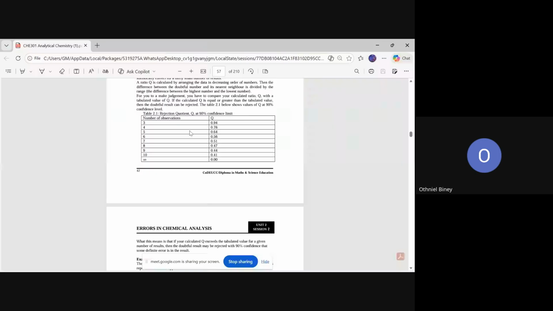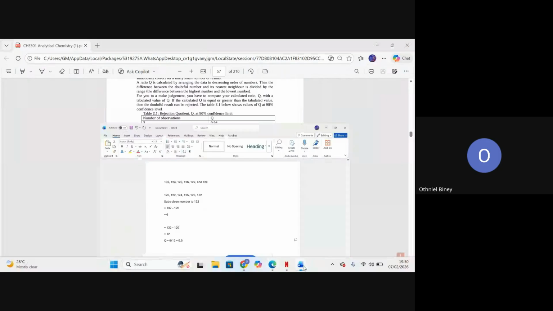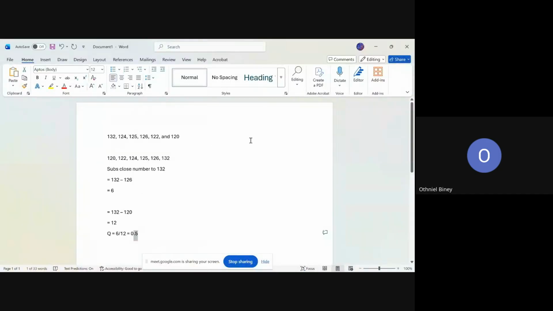And per the table, for 6 observations, the Q value is 0.56. So since 0.5 is less than 0.56, we can accept the value that we had, which is 132 in the experiment.